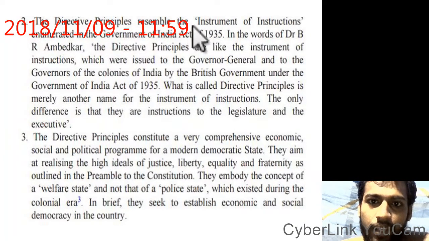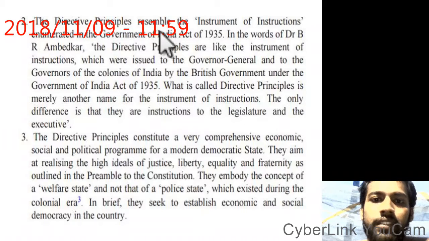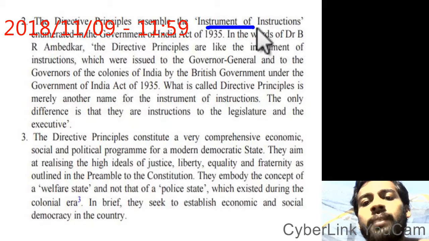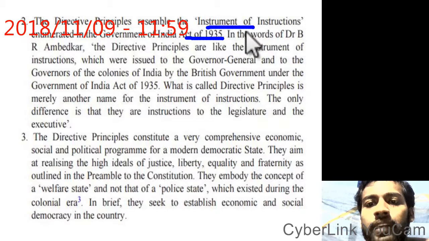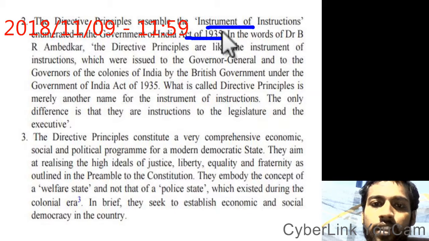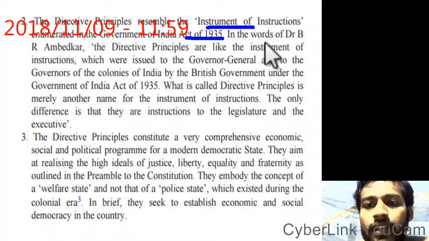Directive principles resemble the instrument of instructions enumerated in the Government of India Act 1935.